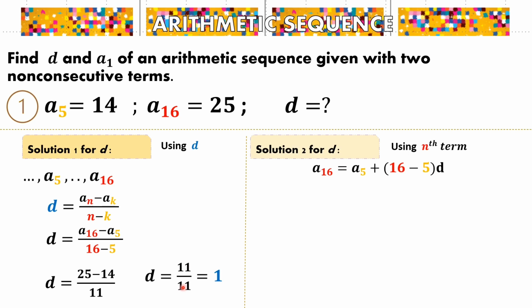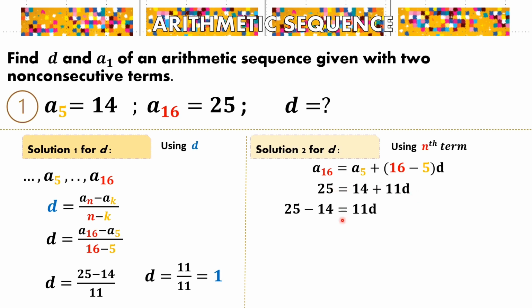So substituting the values, n is 16. That's the last term here, equals a sub 5 plus n, which is 16, minus k, 5, quantity d. Then a sub 5 is 14 plus 16 minus 5 is 11 times d.